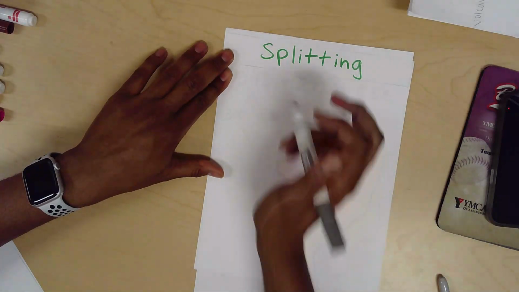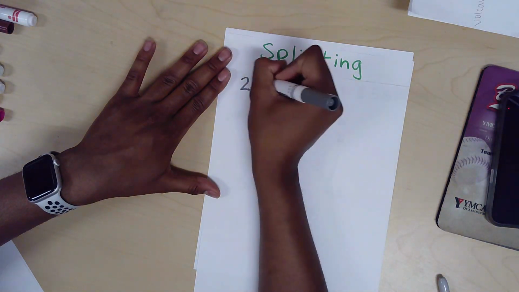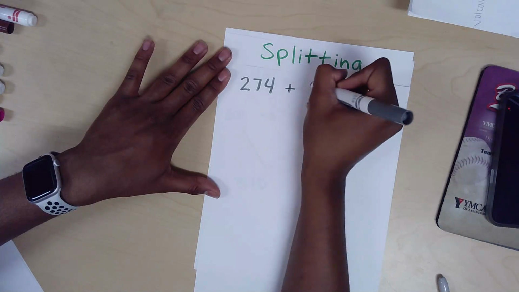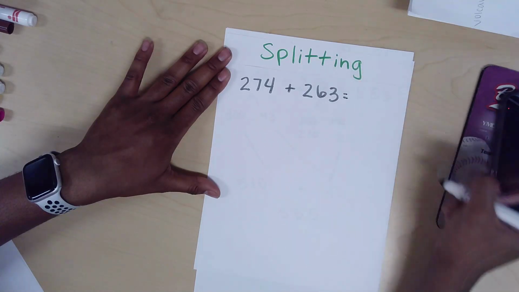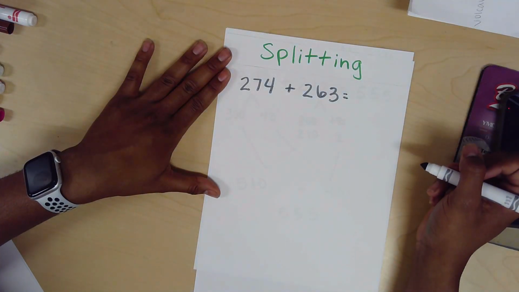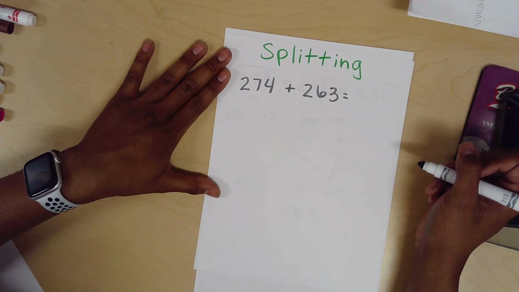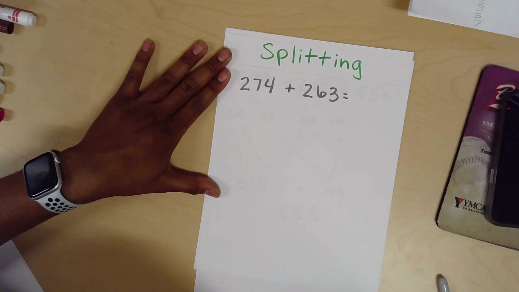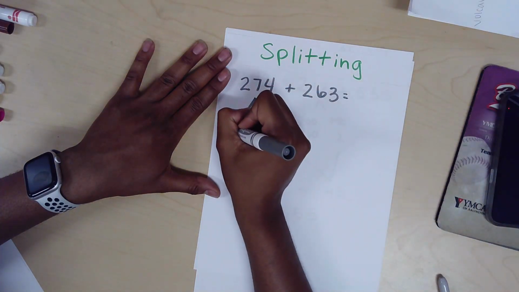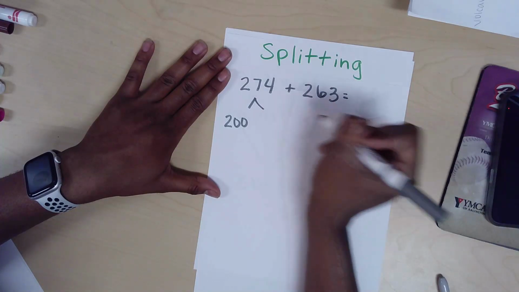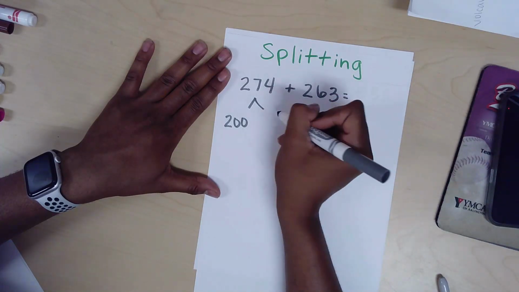That's going to have some regrouping with it. So 274 plus 263 equals. All right, so when I'm doing this one, what I see is probably not what your kiddo may see, but let's do 270.